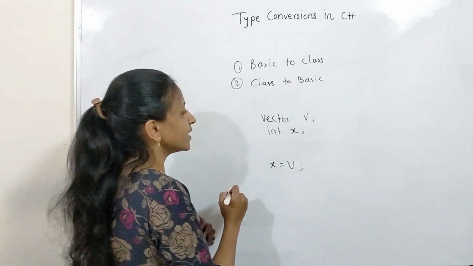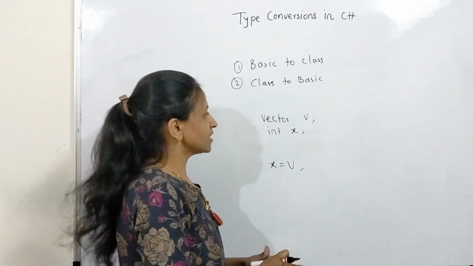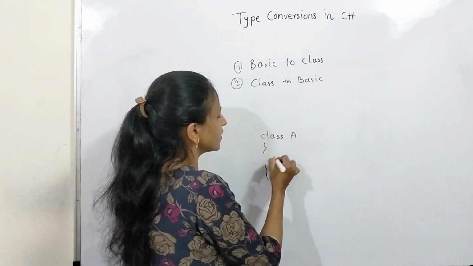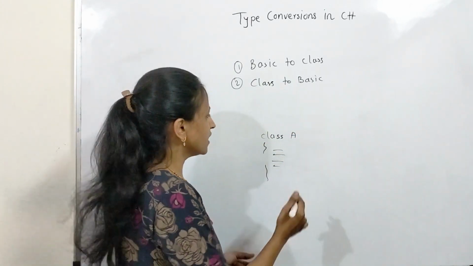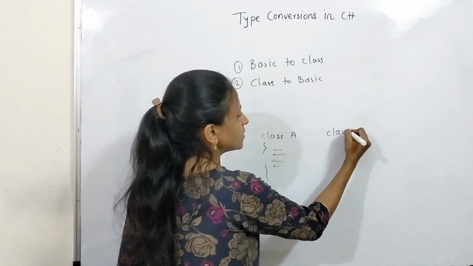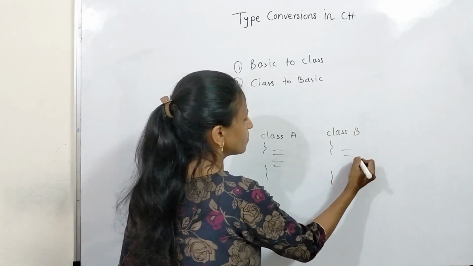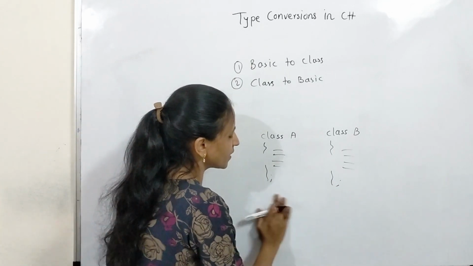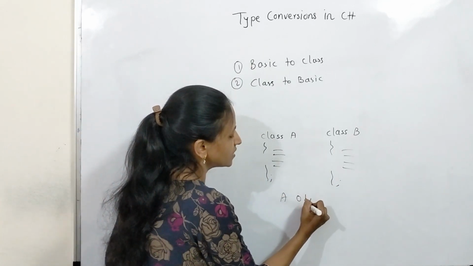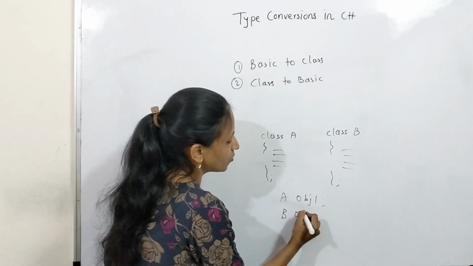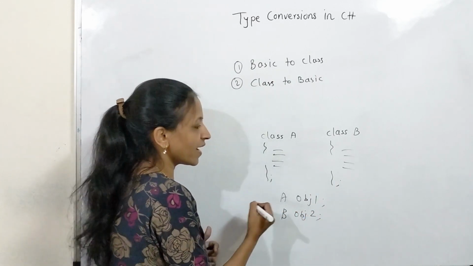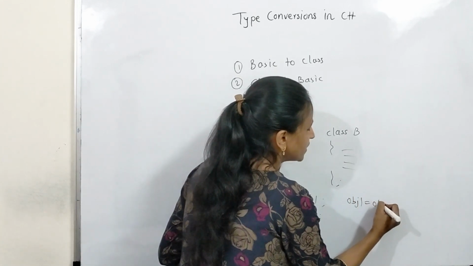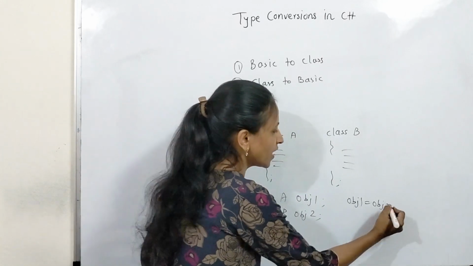And suppose there are two different classes, like class A with some members, and class B, again with some members. Now suppose we have created one object of class A, A obj1, and B obj2, and I am writing obj1 = obj2.